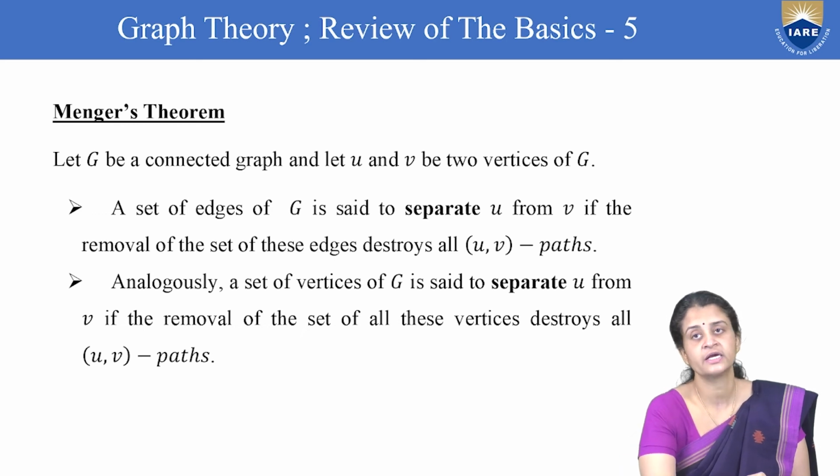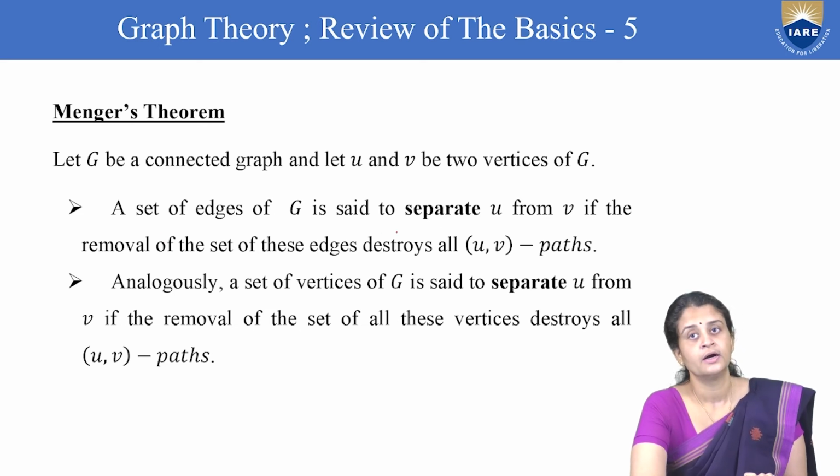Let G be a connected graph and U and V be two vertices of G. A set of edges of G is said to separate U from V if the removal of the set of edges destroys all UV paths.